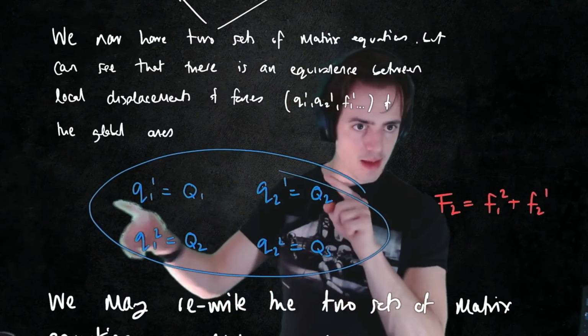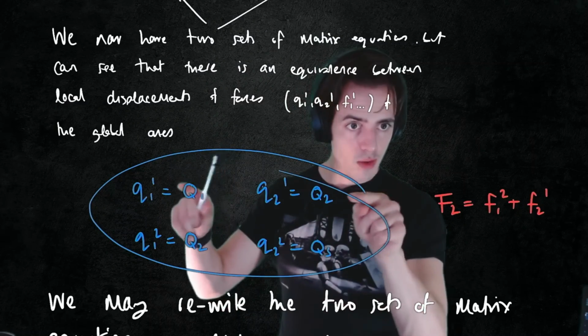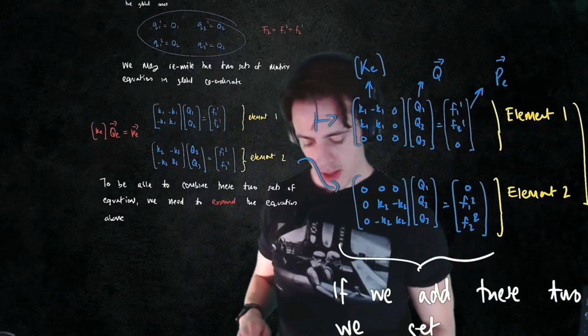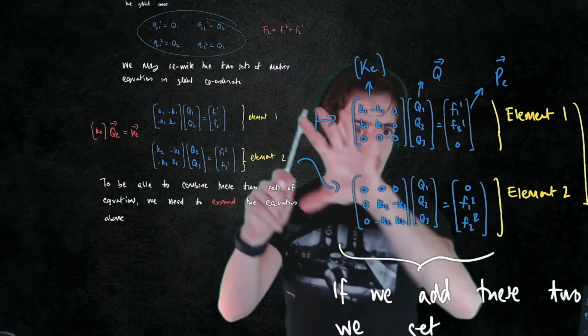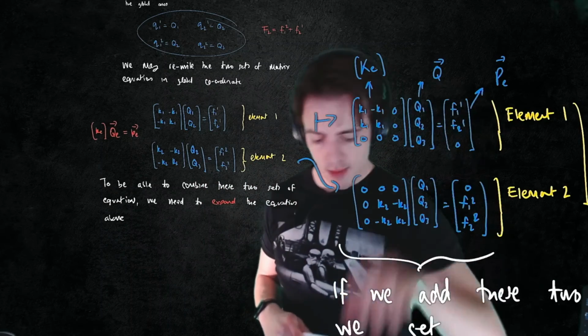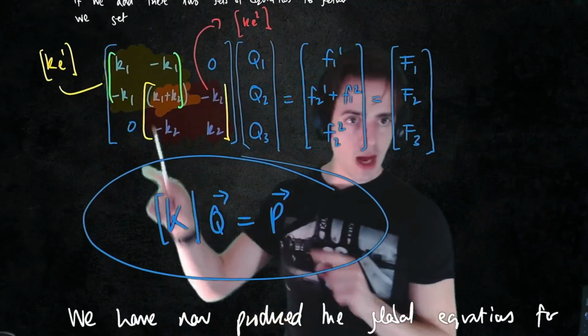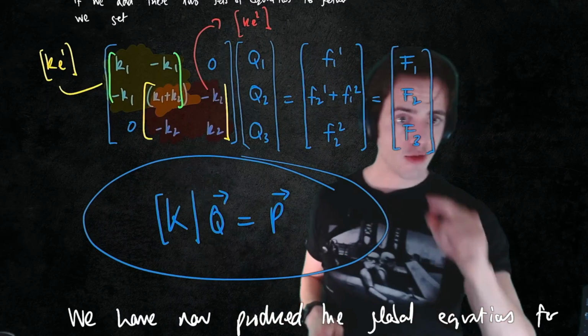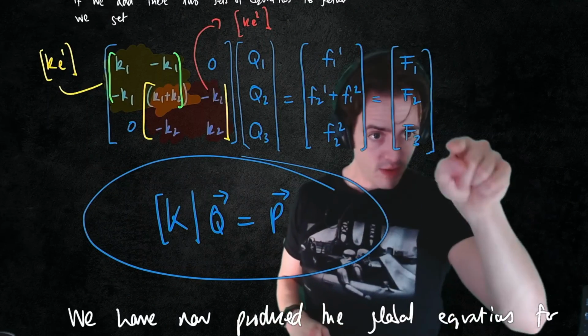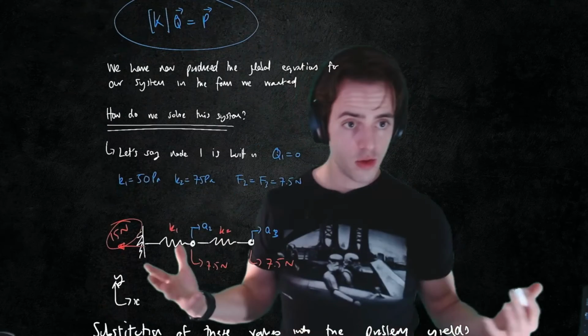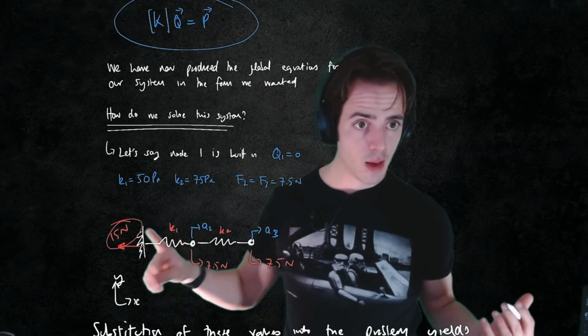We then said, okay, but these local bits correspond to some global numbers. So I can then put them with global numbers, I can make them bigger, expand them out, and then I'm going to add these bad boys together to get my global stiffness matrix, global displacements, global forces, and then I'm going to solve it. And in order to solve it, I need some sort of boundary condition.